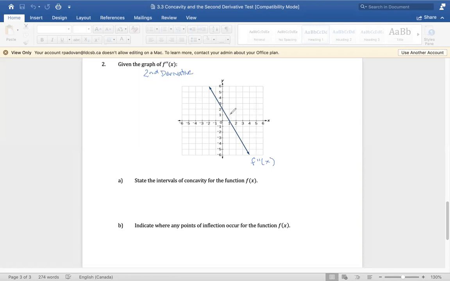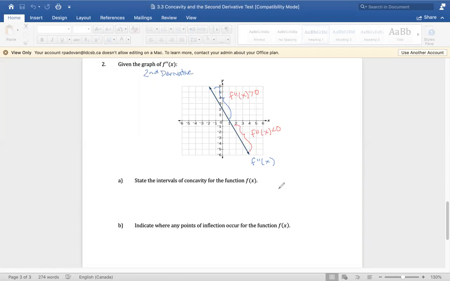So when the graph is above the x-axis, in this interval here, my second derivative of x is positive. And when the graph is below the x-axis, in this interval here, the second derivatives are negative. So my f double prime of x is negative.